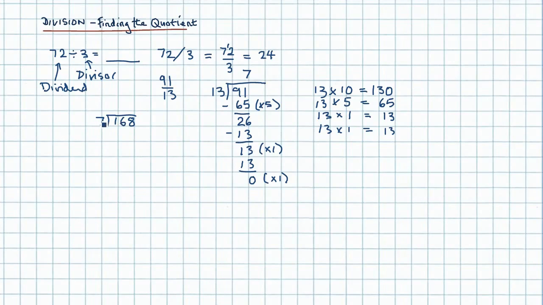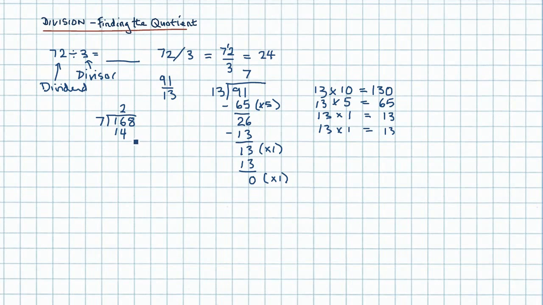Now the advantage of this method is that when we think about it as just 16, 16 divided by 7 is 2 and a remainder. In other words, there are only 2 7s in 16, and 2 7s are 14.